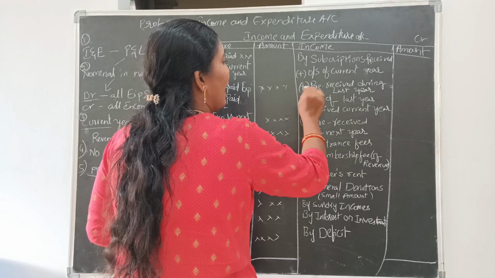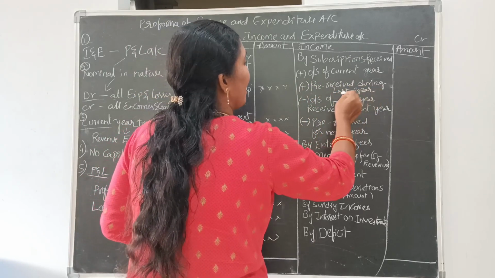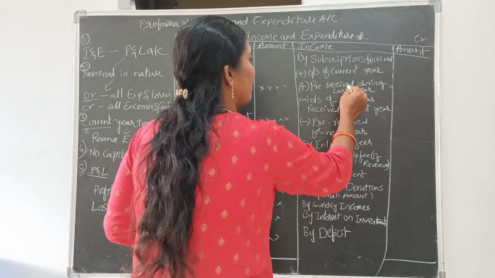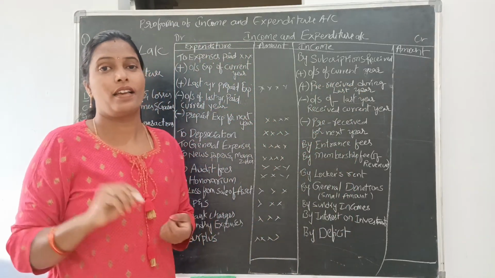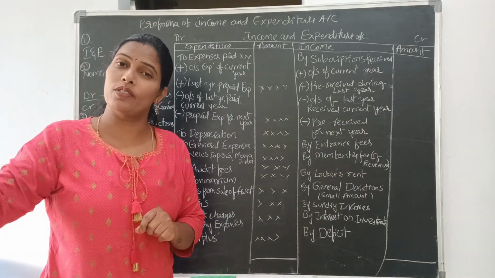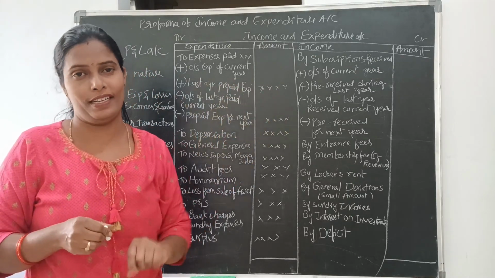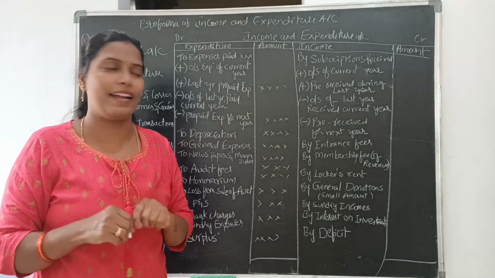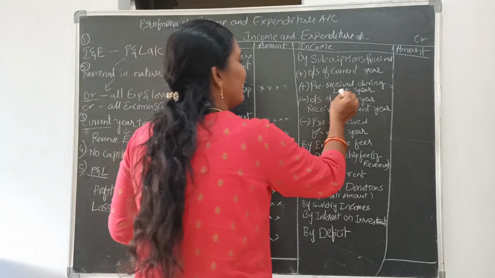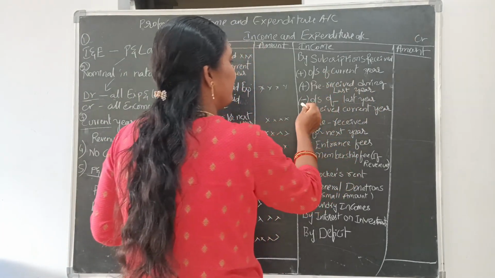Then add pre-received during last year. Last year means in 2023 we received the amount of 2024, that you need to add this year. This is the current year, so we need to add.